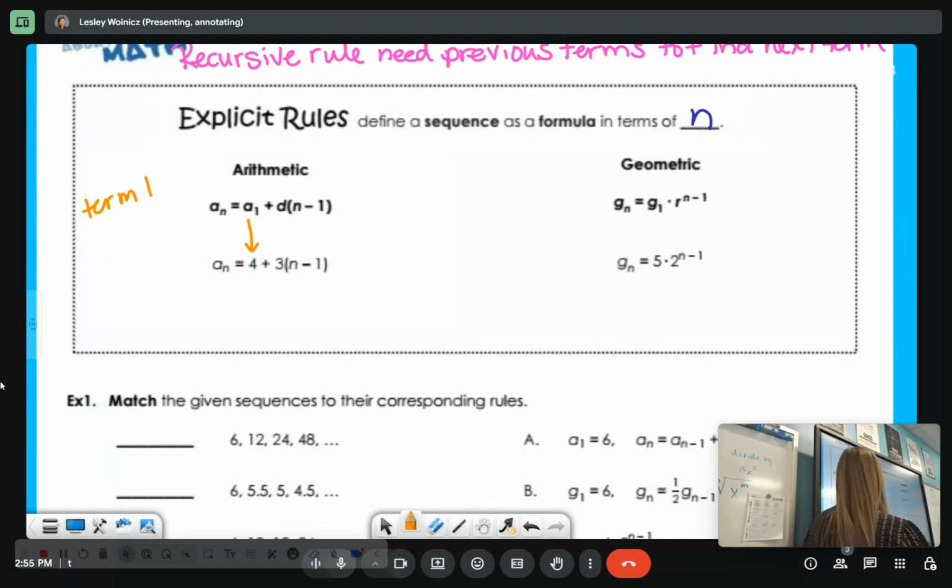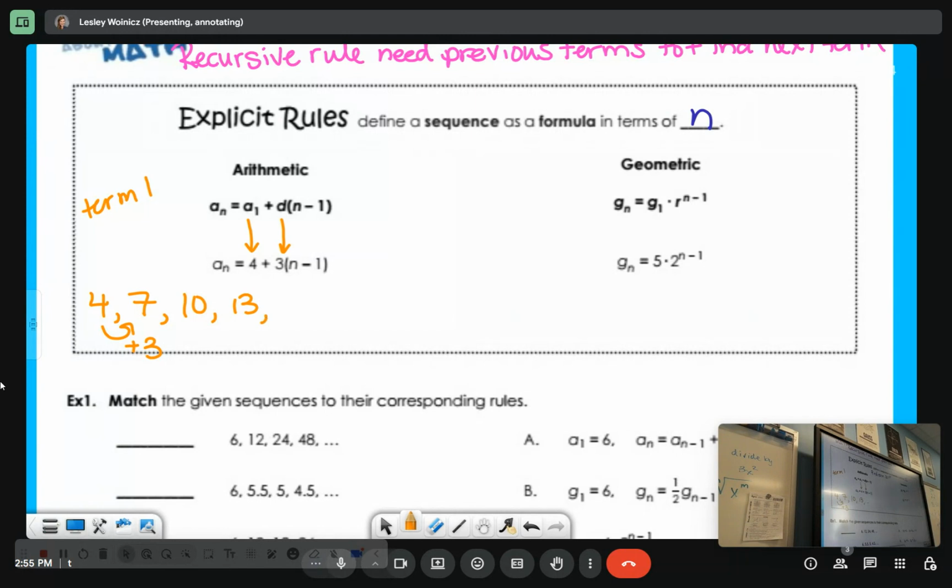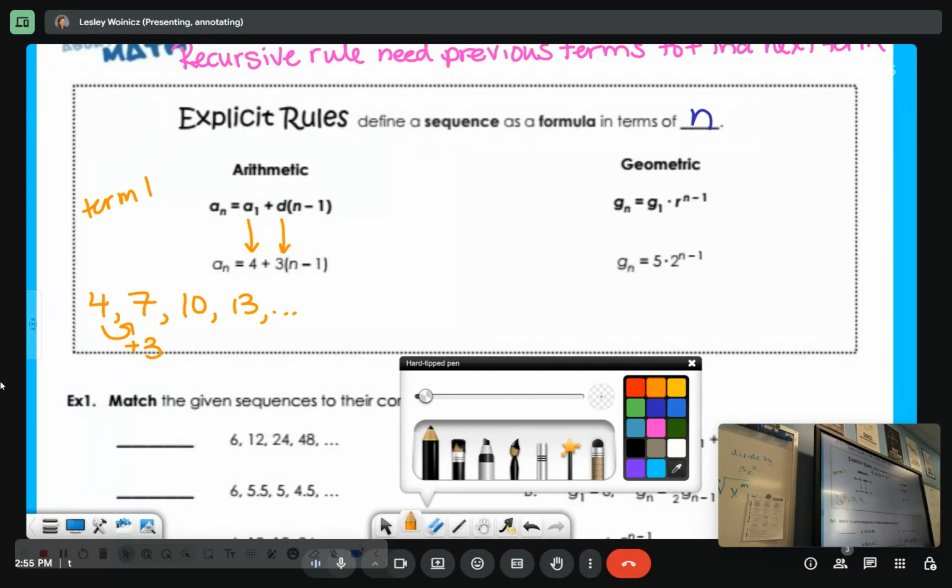But if I asked you to please find me the 201st term, if we had to write out this whole list, I don't know that you'd get home in time for dinner tonight. That's a long list. Do we have time for that in here?